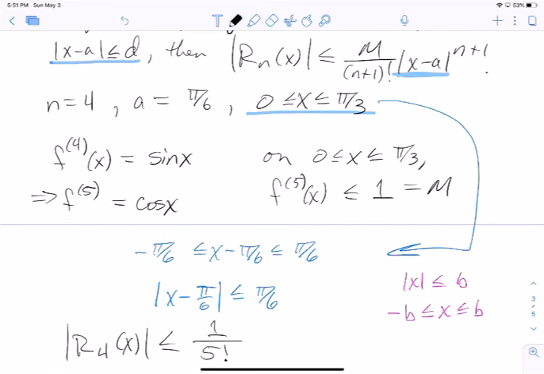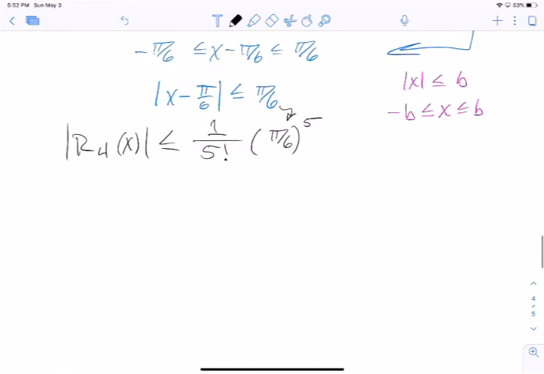We have a specific n. So the absolute value of r sub 4 of x is less than or equal to 1 over 5 factorial times pi over 6, that's coming from the right-hand side of our inequality, to the 5th power, because it's supposed to be to the n plus 1st power.